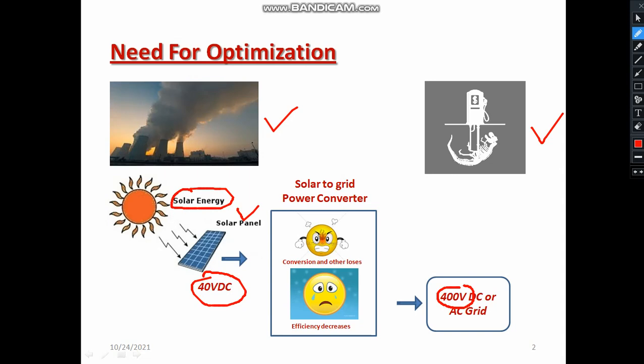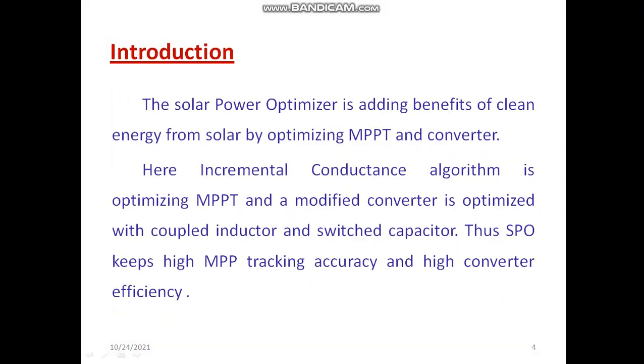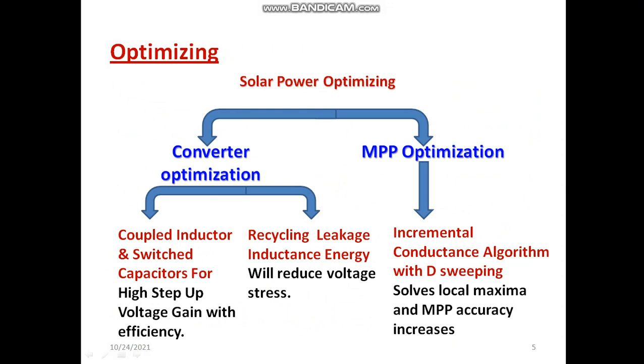In the optimization technique we are going to use, there are two ways of optimization. The first method is converter optimization, another one is MPP optimization. In the converter optimization, we are using a high gain, highly efficient converter which includes a coupled inductor and switched capacitors, and it has the facility to increase the voltage gain with high efficiency, and it also reduces the switching losses.